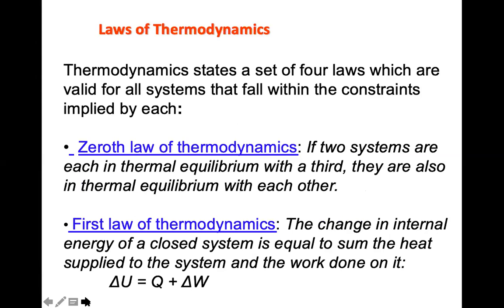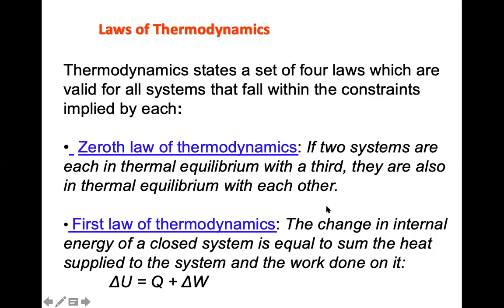Laws of thermodynamics, these are very important for you. You need to understand there are several laws. Thermodynamics states a set of 4 laws which are valid for all systems I described, that fall within the constraints implied by each. For example, Zeroth Law of Thermodynamics: if two systems are each in thermal equilibrium with a third, they are also in thermal equilibrium with each other.